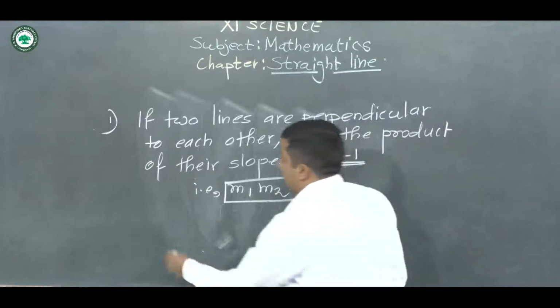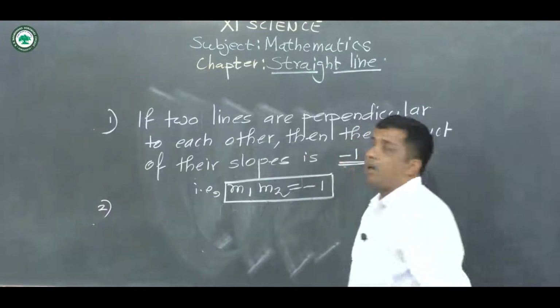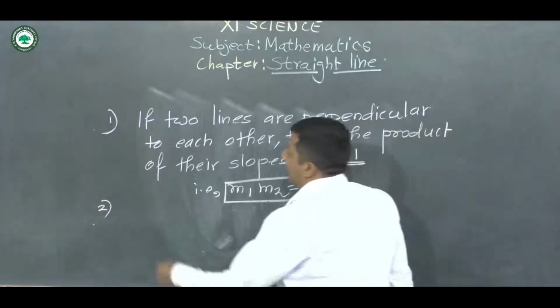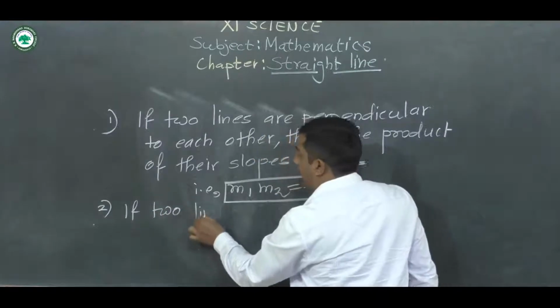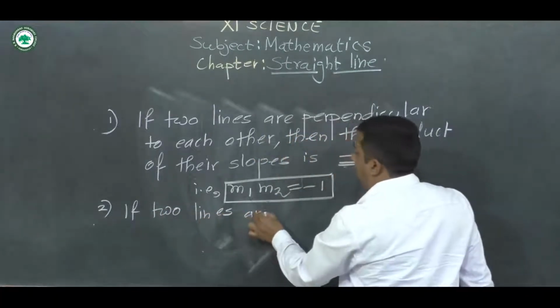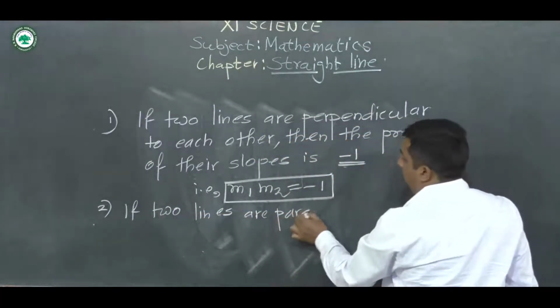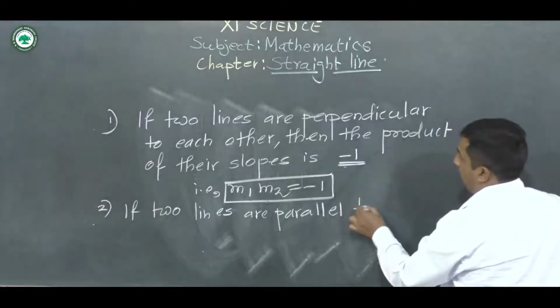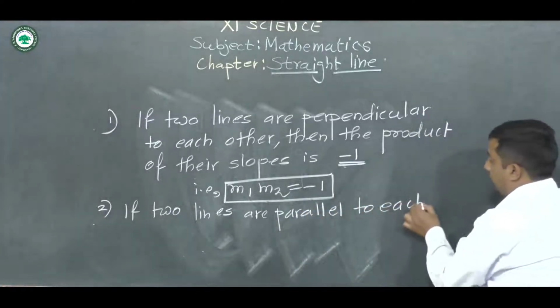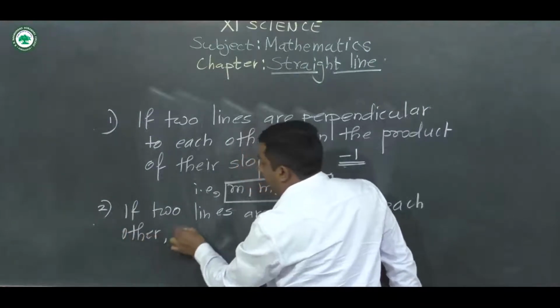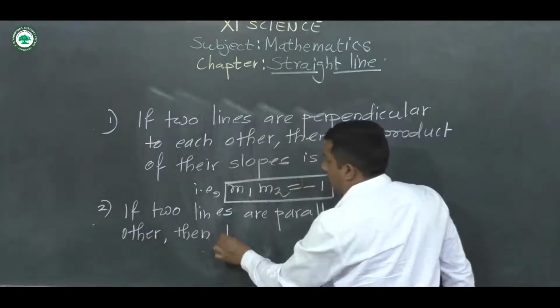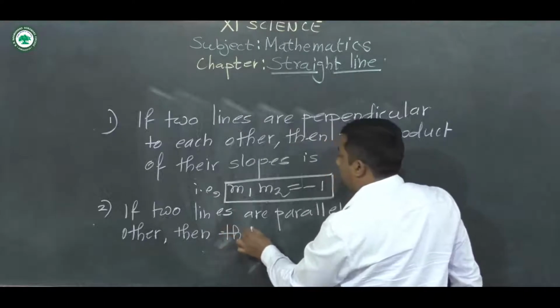Okay, then in the second part we consider parallel lines. If two lines are parallel to each other, then their slopes are equal.